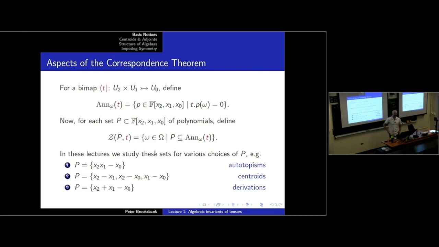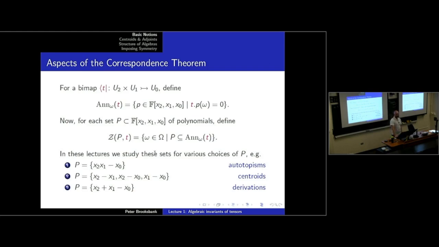I've just given you a few examples, and you may remember these from yesterday as well. The polynomial x2, x1 minus x0 is a sort of equivalence. This is the isomorphism, or one of the isomorphisms, that Josh was talking about yesterday. We'll call these things autotopisms. This is one of the elements of vocabulary that I mentioned, some form of equivalence of tensors.